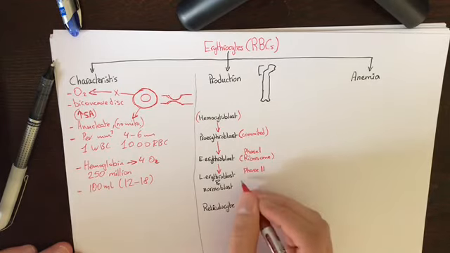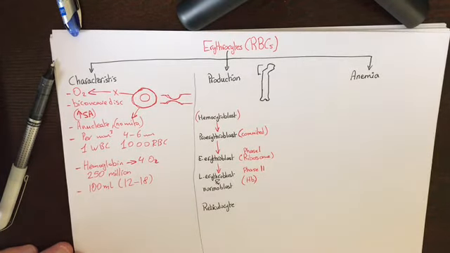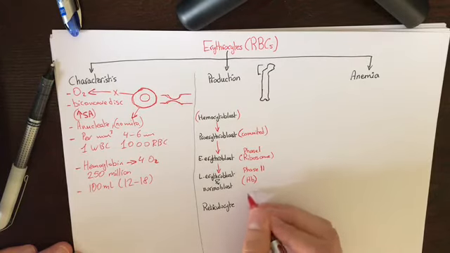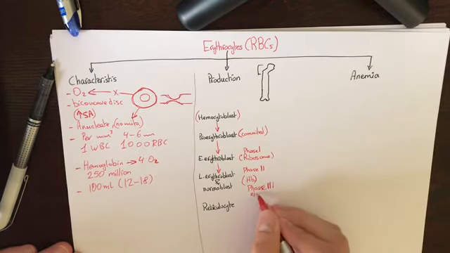What will happen in phase 2 is hemoglobin accumulation. After that, we're going to have ejection of the nucleus, which is phase 3.